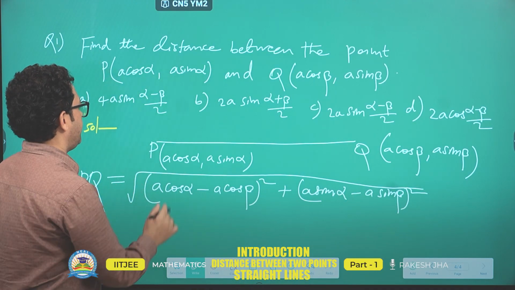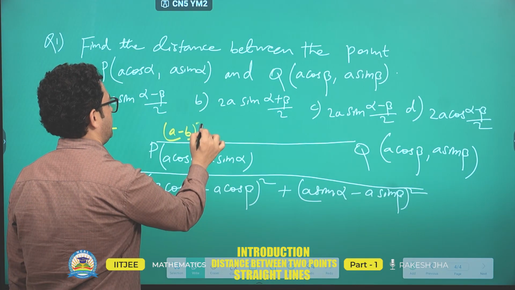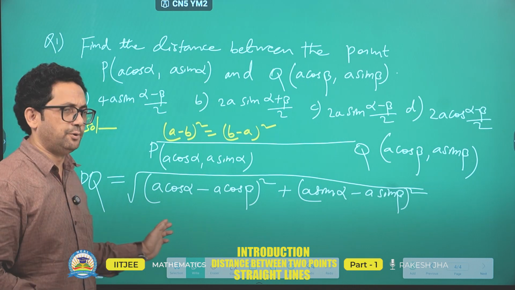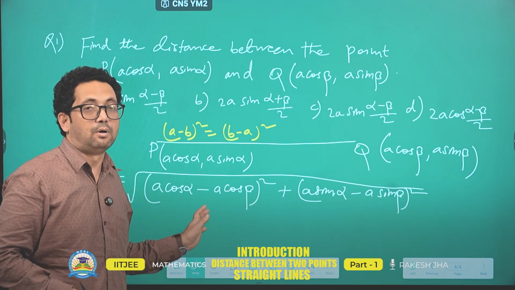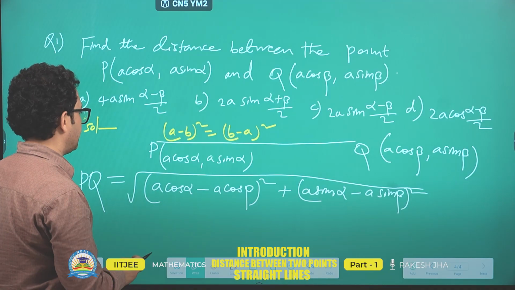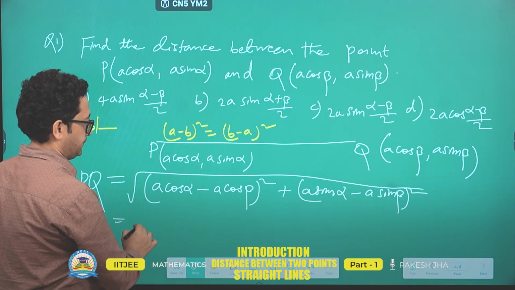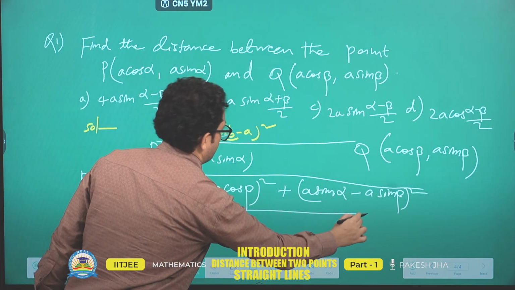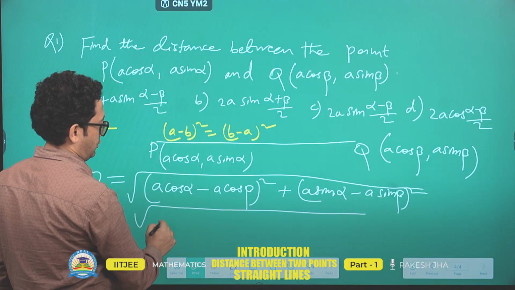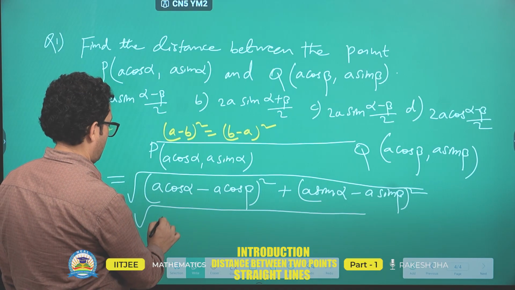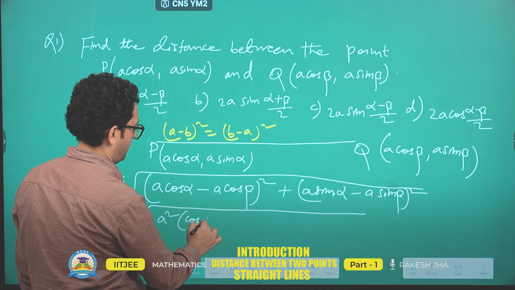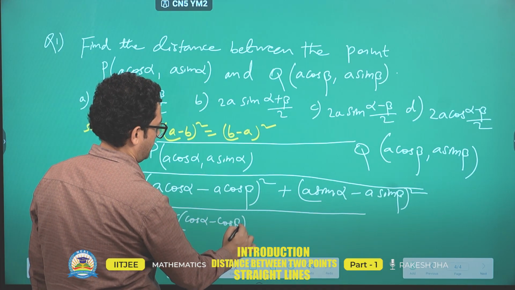So we know very well that a minus b whole square is equal to b minus a whole square. So it hardly makes any difference whether you take x1 minus x2 or x2 minus x1 whole square. So here if you want to expand it, our next step would be: a square can be taken common, so you are left with a square, and then it would be cos alpha minus cos beta whole square.